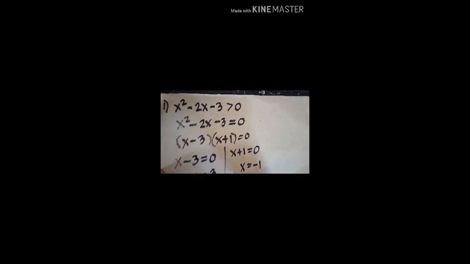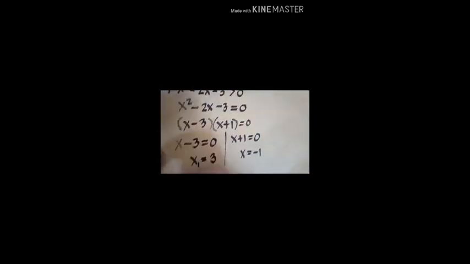Okay, so we need to draw our number line and plot these points. Take note that if we are going to plot the points, i-consider natin kung ano yung inequality symbol na ginamit dun sa original inequality.